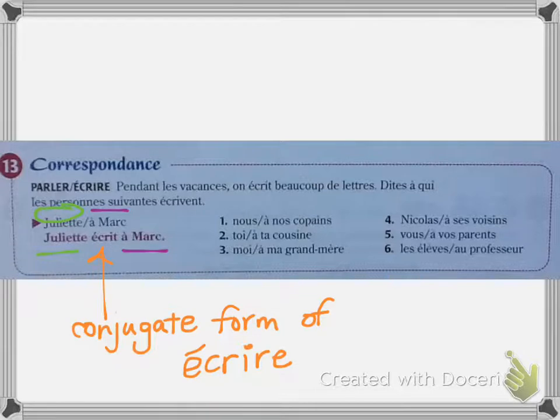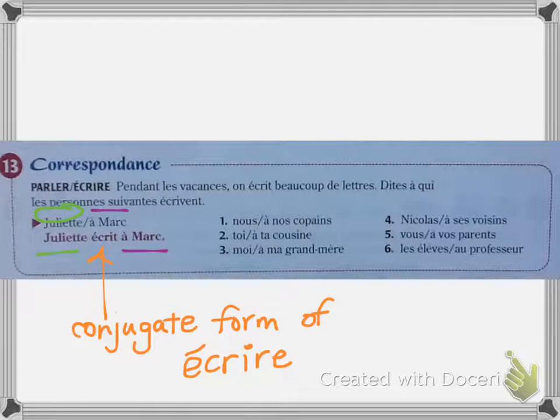So again, I would like you to say these sentences. So numéro 1. Nous écrivons à nos copains. Numéro 2. Tu écris à ta cousine.